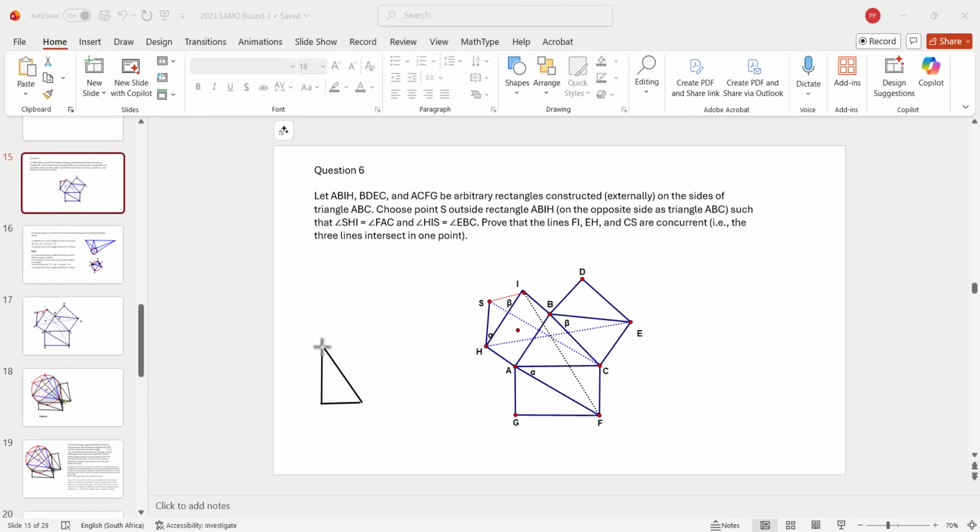But actually, one of the ways to prove that geometrically is to show that the area of this square is equal to the sum of the areas of the squares which are drawn on the other two sides.